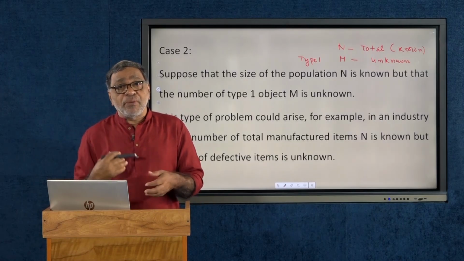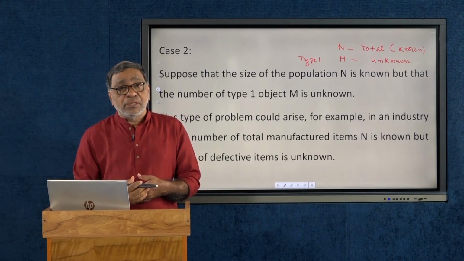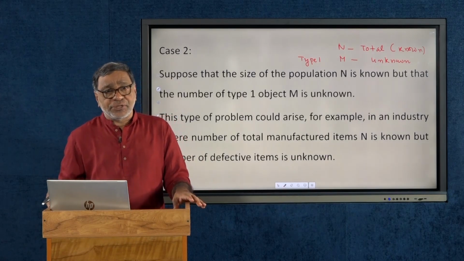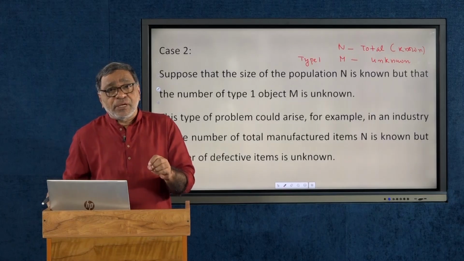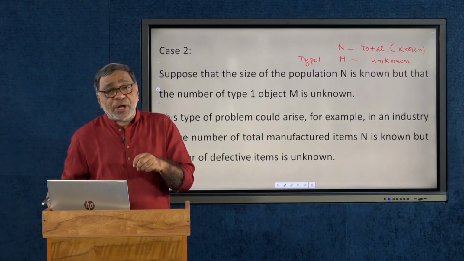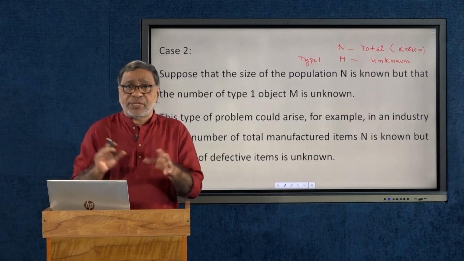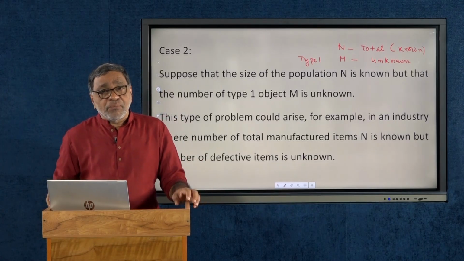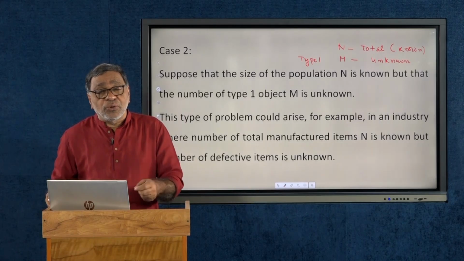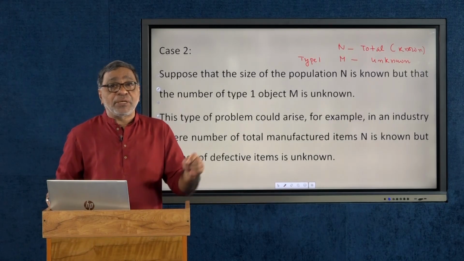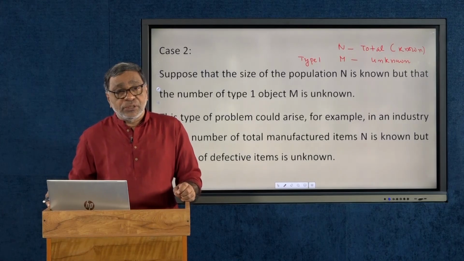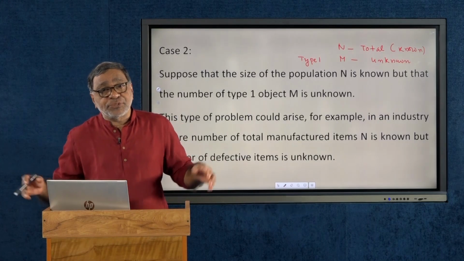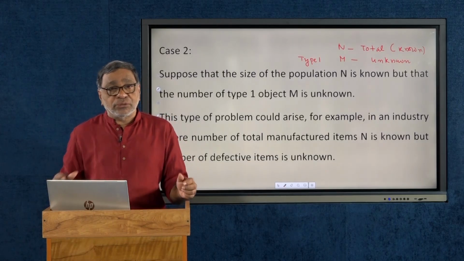This type of problem usually arises in the production industry. Suppose N items are manufactured, that is known, so total 1000 items are manufactured. But we want to know how many are defective among the total items produced. It is practically impossible to identify all the items, whether defective or not.